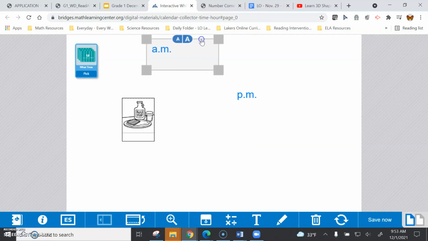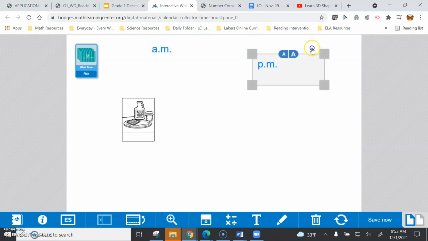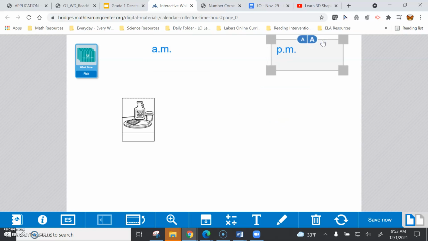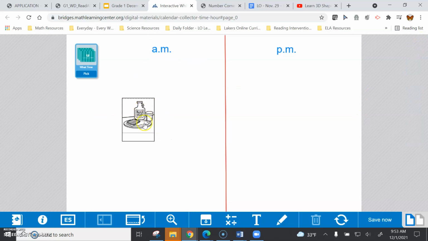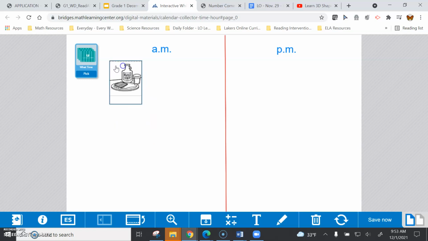So I'm going to have the AM here, I'm going to have the PM here, and I'm going to actually draw a line on this to separate what we would be doing different times of the day. We already figured out that we would be eating breakfast in the AM in the morning.